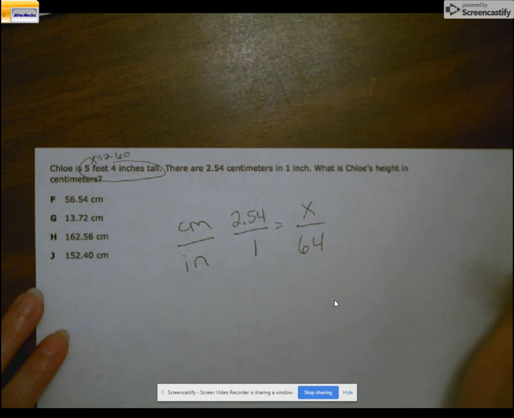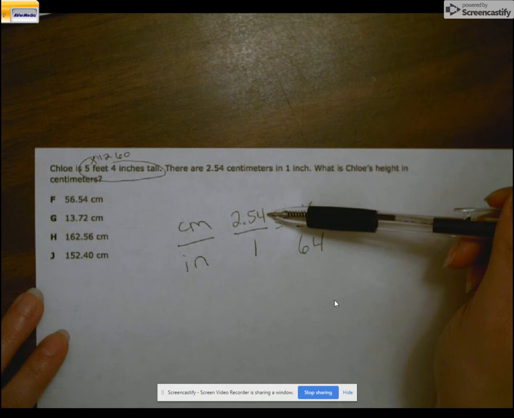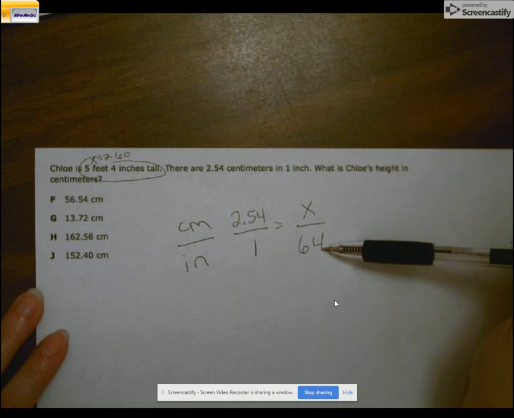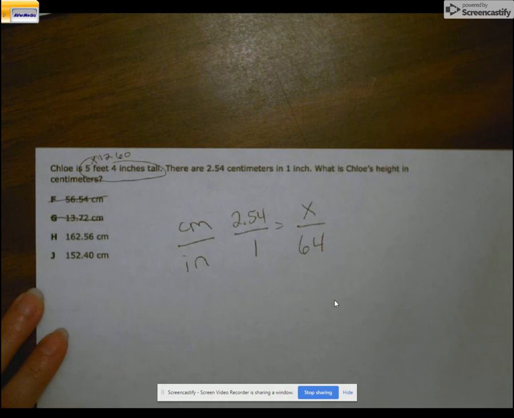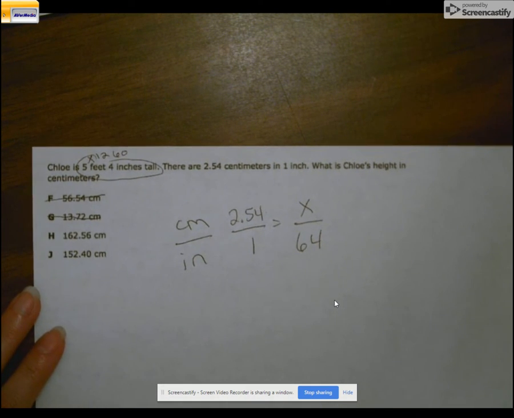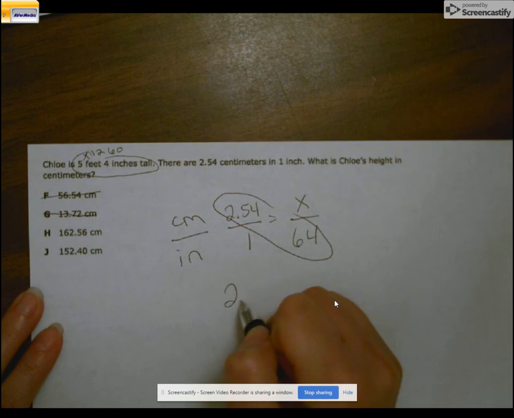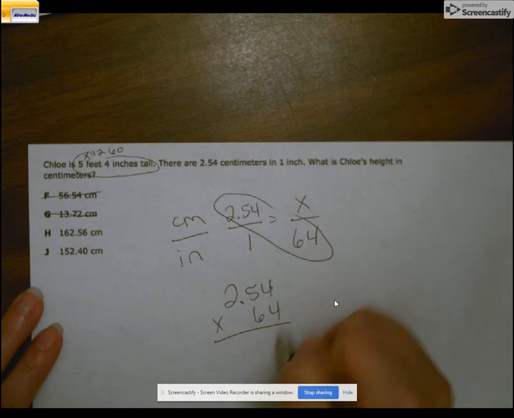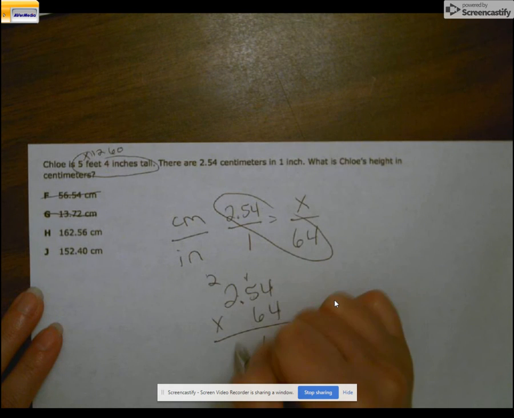So let's look and see if I can eliminate anything. 2.54 is bigger than 1, so I know my X has to be bigger than 64. This is not bigger than 64. This is not bigger than 64. So I'm down to my last 2. So 2.54 times 64. 16, 21, 8, 9, 10.